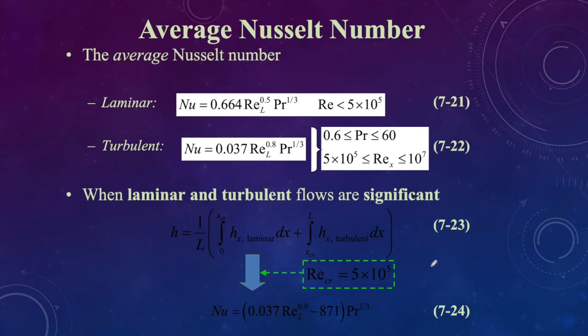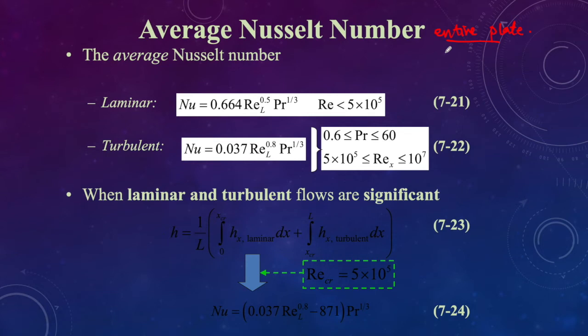So next is the average Nusselt number. When the question asks you to find the Nusselt number or the rate of heat transfer for the entire plate, this means that you need to find the average Nusselt number, then find the heat transfer coefficient, then plug the heat transfer coefficient into the rate of heat transfer to determine Q dot.